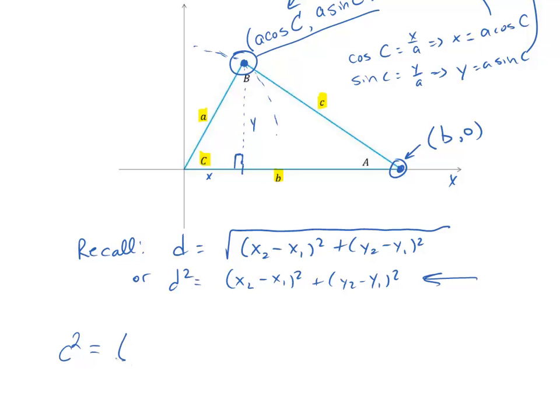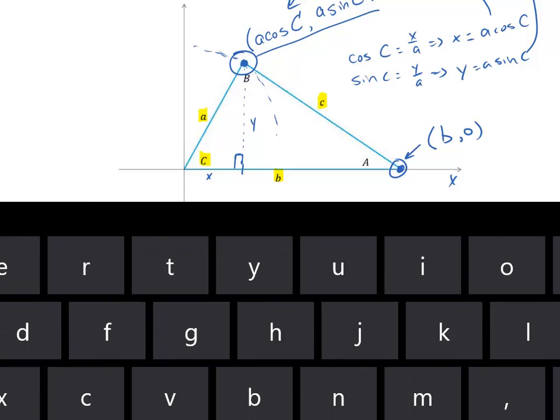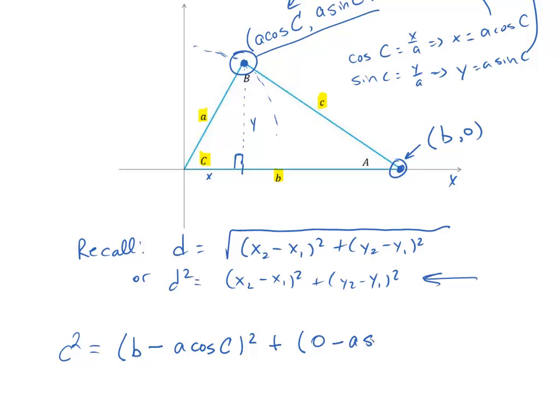So we take the x coordinate of this point, which is B, minus the x coordinate of the point at the top of the triangle, which is A cosine of capital C, squared, plus now the difference of the y coordinate, so 0 minus A sine of capital C, squared.